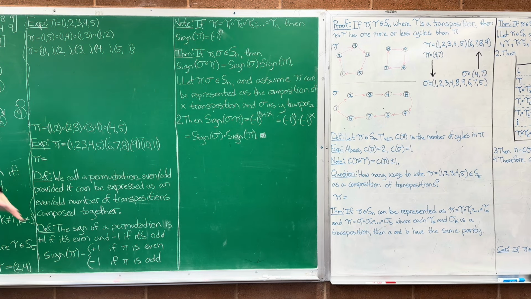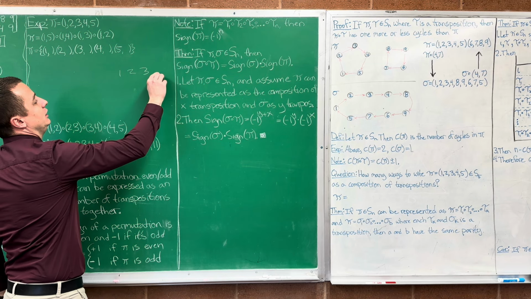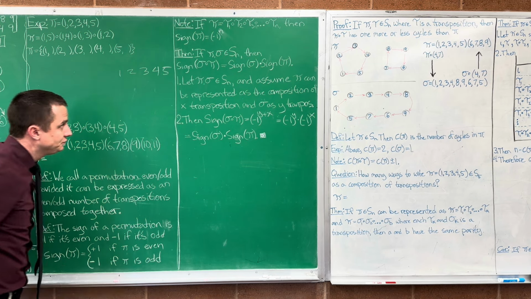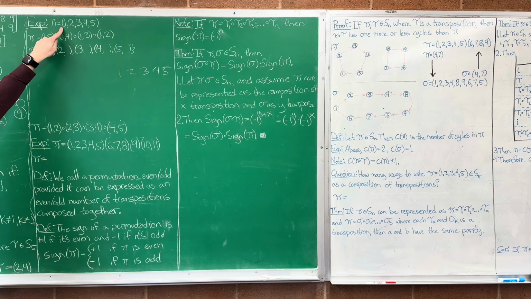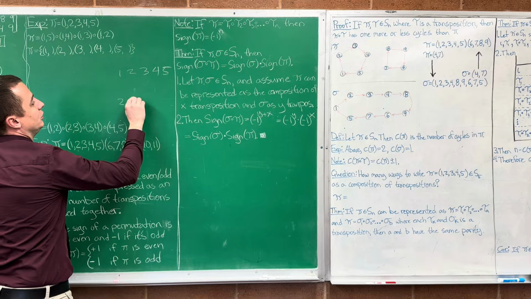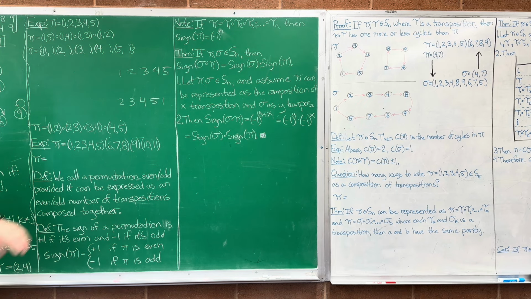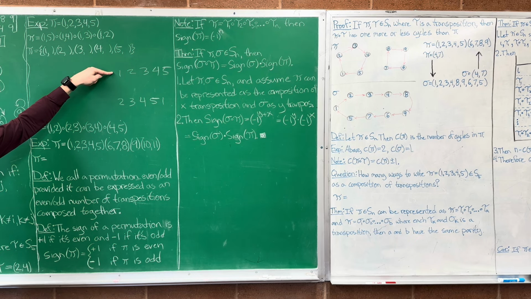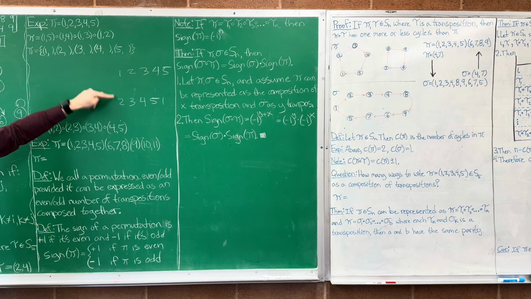When you create some permutation, so say I start with the numbers 1, 2, 3, 4, 5, and I told you I want you to reorder them. Let's see what this function's doing. This function is doing 1 goes to 2, so it's doing 2, 3, 4, 5, 1. So I tell you, here's the order you start with. I want you to get the elements now in this order using swaps. How would you go from this to this using swaps?